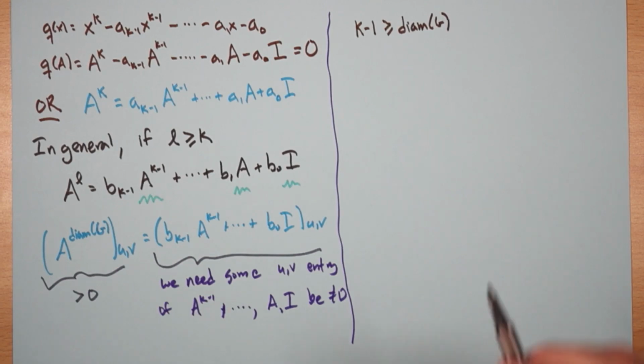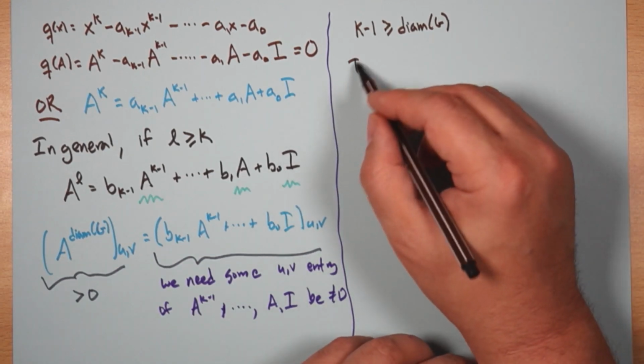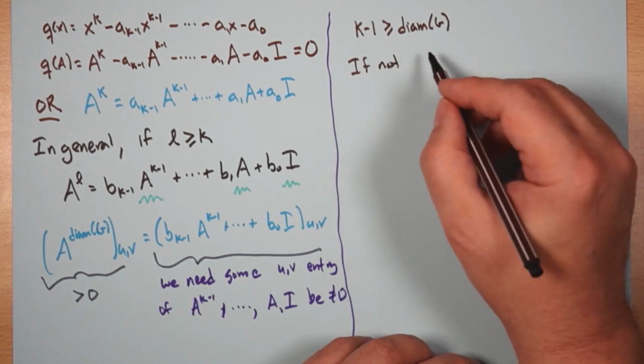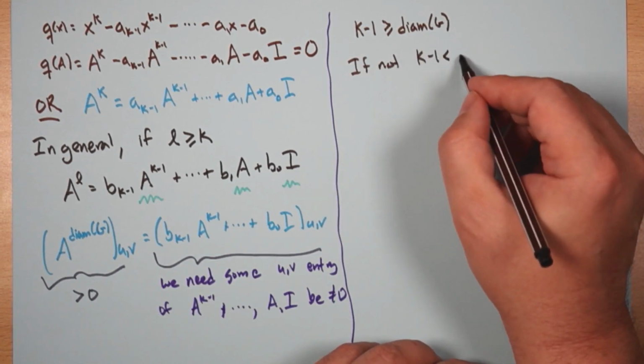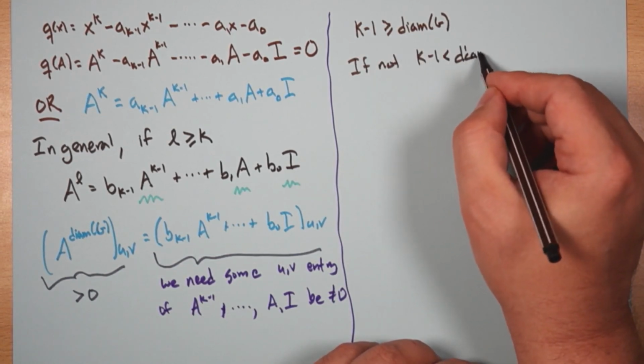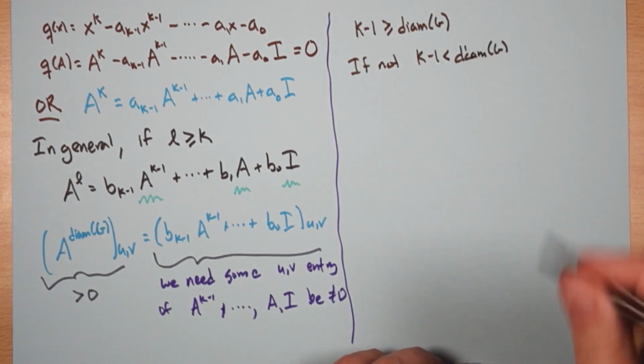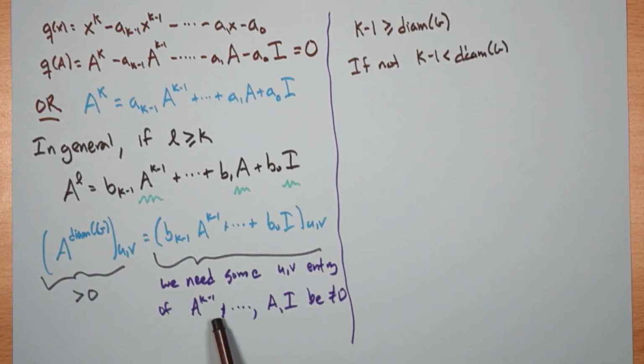Well, suppose not. If not, in other words, k minus 1 were less than the diameter of G, then what would happen is that all of these terms would all be 0, because you hadn't built up enough to have the terms actually work.